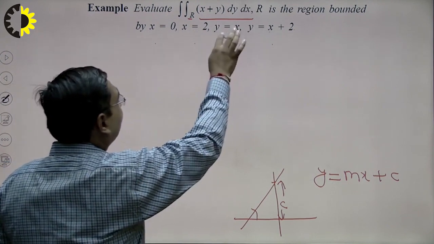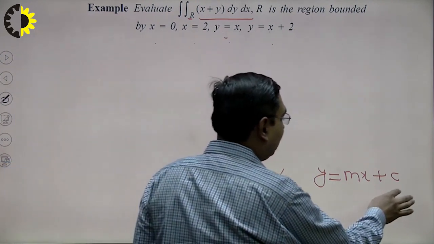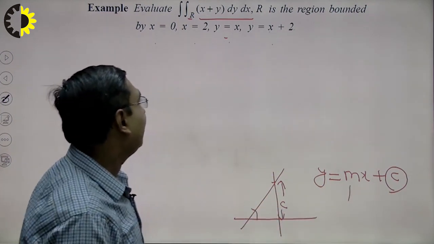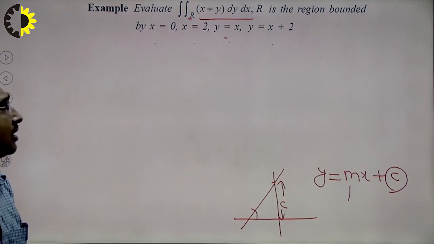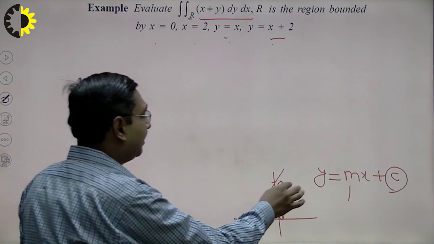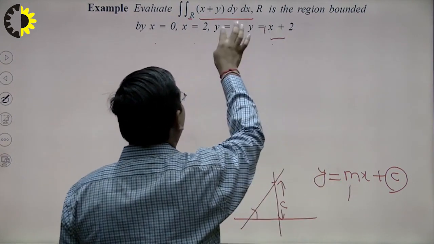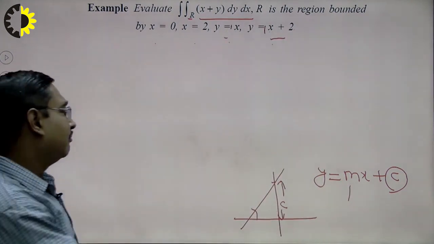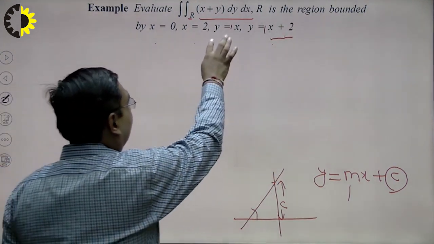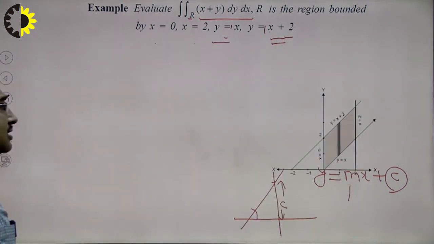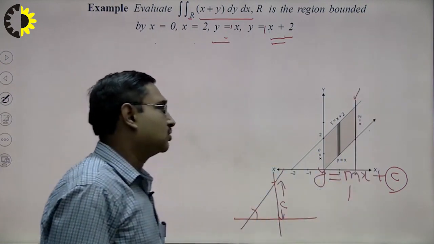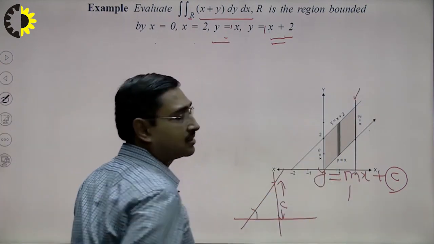This line y equal to x has the value of c as 0 and slope as 1, so it will be a line passing through the origin. This line y equals x plus 2 is a line having the same slope because the value of m is the same for both lines, but having y intercept as 2. So it will be parallel to this line. Thus these two lines y equal to x and y equals x plus 2 are drawn like this.